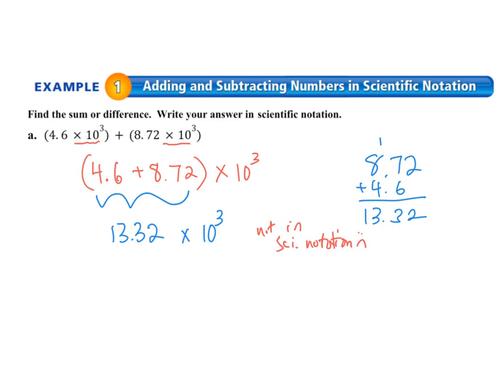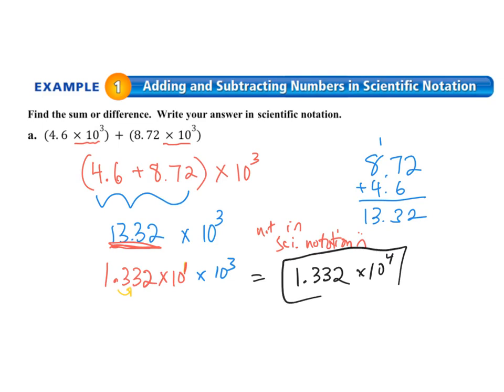Just like we did in multiplying and dividing, you're going to take that factor and rewrite it in scientific notation. The decimal point has to go 1 to the right, so this is times 10 to the first. And when we put this all together, we get our final answer of 1.332 times 10, 1 plus 3 is 4, times 10 to the fourth.